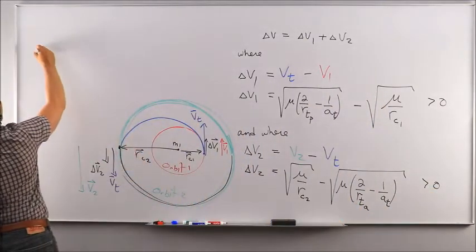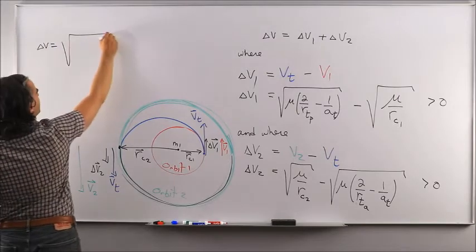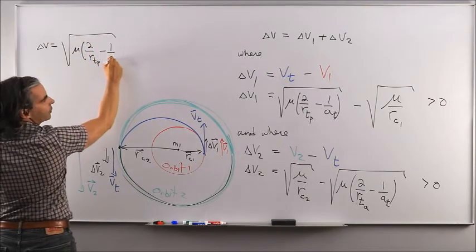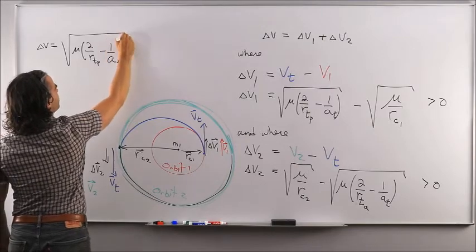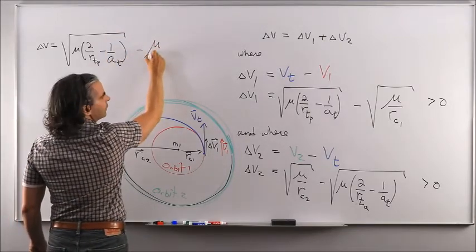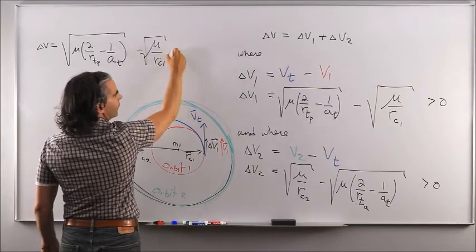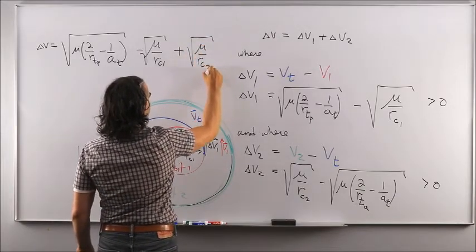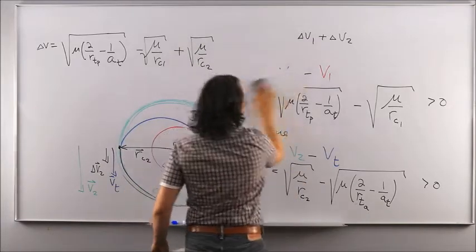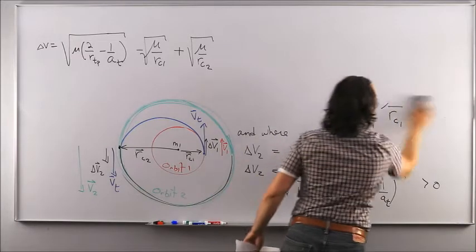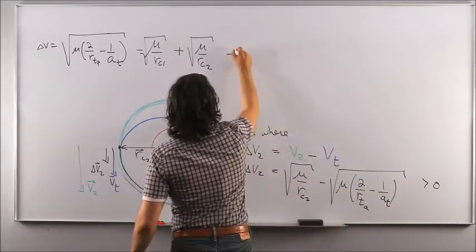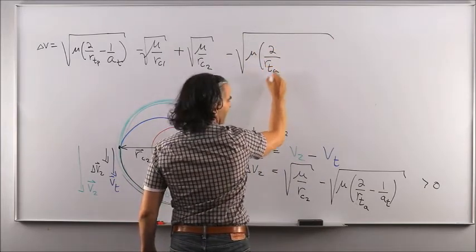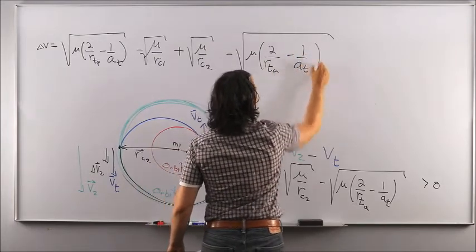So altogether, you could write that delta V total is square root of mu over 2 R TP minus 1 over A transfer, minus square root of mu over RC1, plus square root of mu over RC2, and then minus the last speed expression here, minus square root of mu times 2 over R TA minus 1 over A of the transfer orbit.